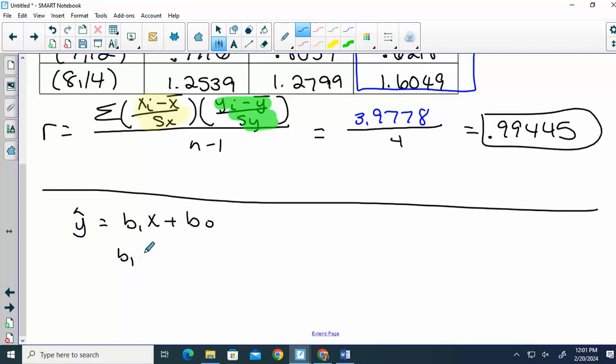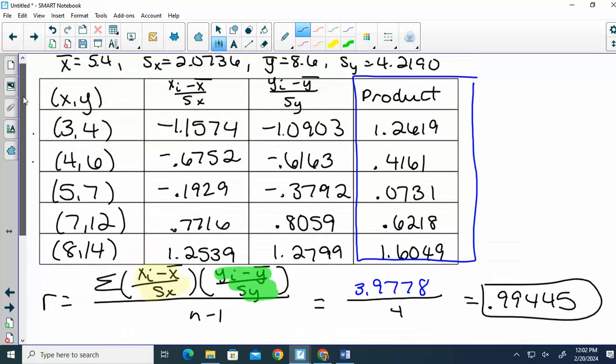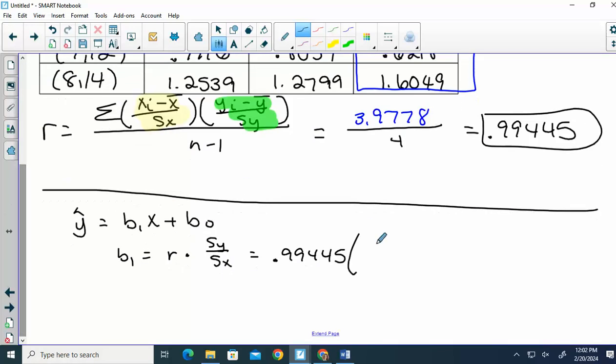And b sub 1 is r times standard deviation in y divided by standard deviation in x. So we have the r. Standard deviation in y, we had written down on part A, divided by standard deviation in x.